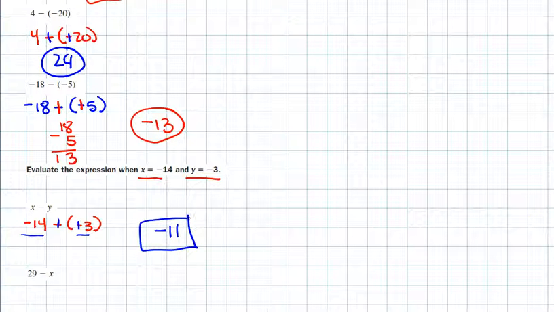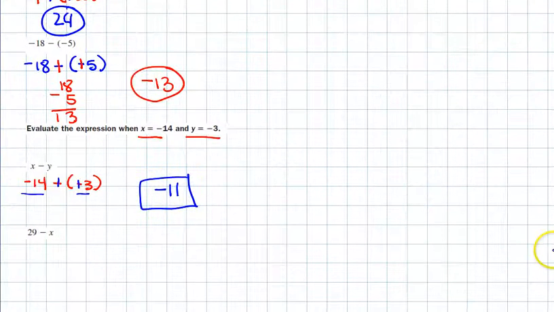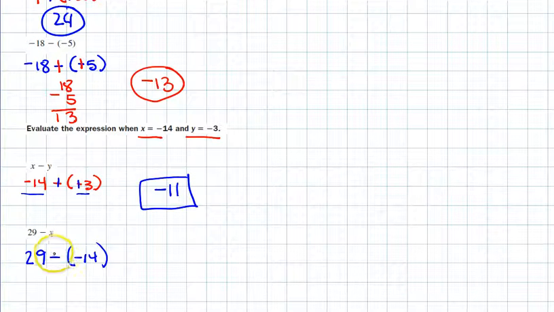Here's the last example. 29 minus x. Well, remember x is negative 14. So 29 minus negative 14. I'm going to refuse to subtract, or add the opposite, which is the same as DPSing it.